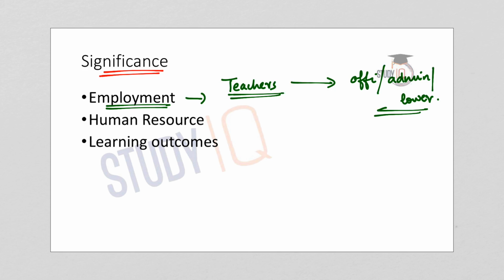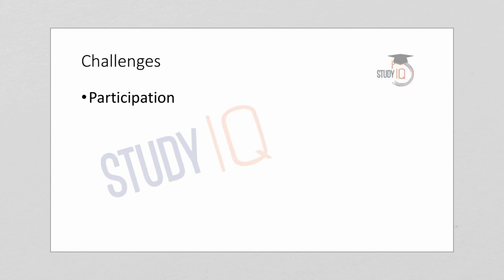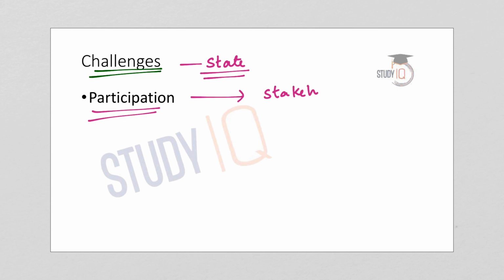So having proper policies that will reform the educational sector is very important and essential to effectively utilize the human resource to achieve higher learning outcomes. Now, one of the major challenges in the educational policies of different state governments is that they lack participation from various stakeholders. In the field of education, stakeholders play a very important role, and every stakeholder has their own contribution towards transforming education.